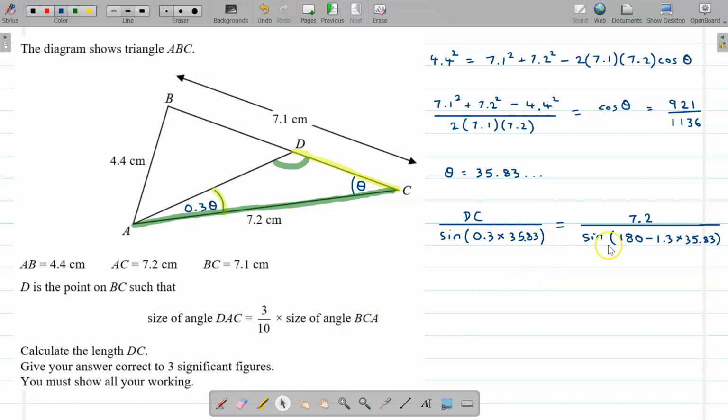So if we just rearrange this, then we can find what the length DC is. I'm just going to take a copy of this and take it down below.